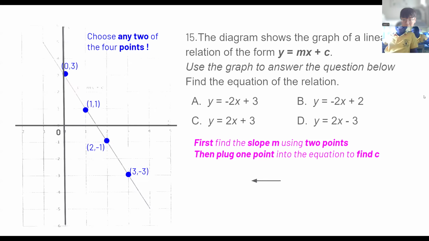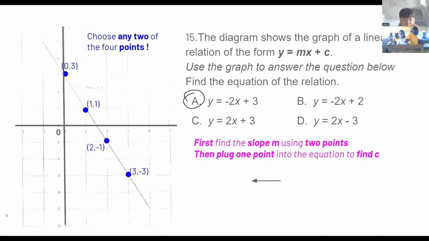David, please, the answer is A. Did you say the answer is A? Yes. Yeah, that's correct. Great job. The answer is A. That's right. So we got the slope m using the points before, right?